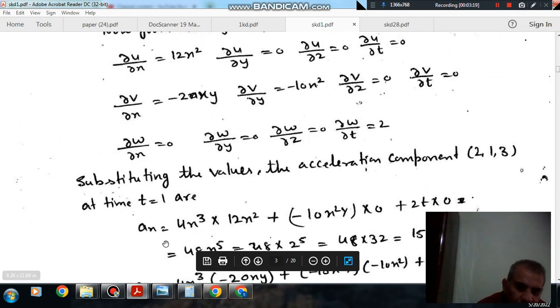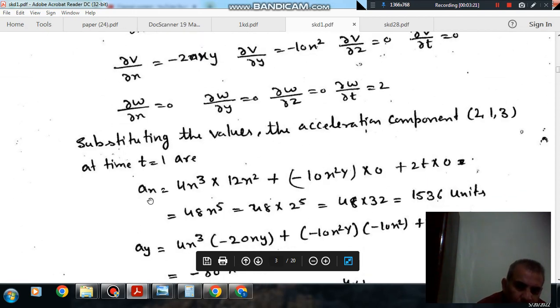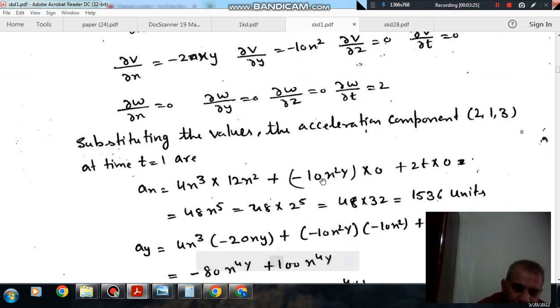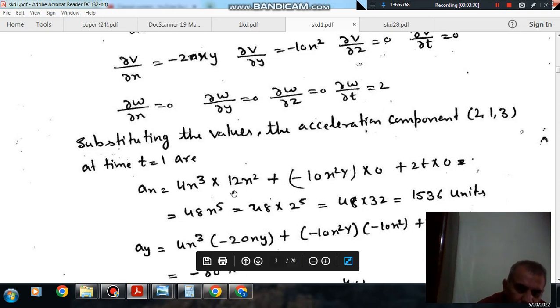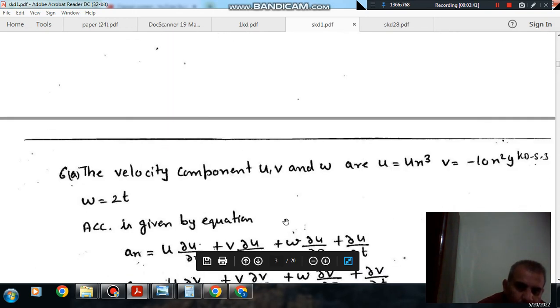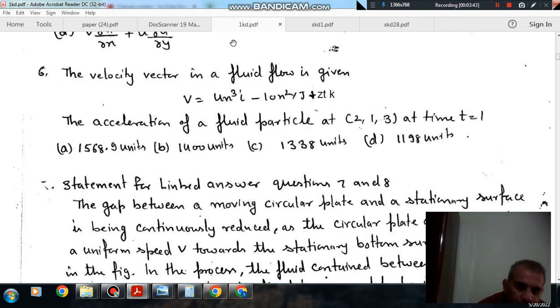So putting in all the values, ax becomes 4x³ into 12x² plus (−10x²y) into 0 plus zt into 0. So this will be 48x⁵, and the other terms are 0. We have to find the acceleration at x = 2, y = 1, z = 3 and t = 1.